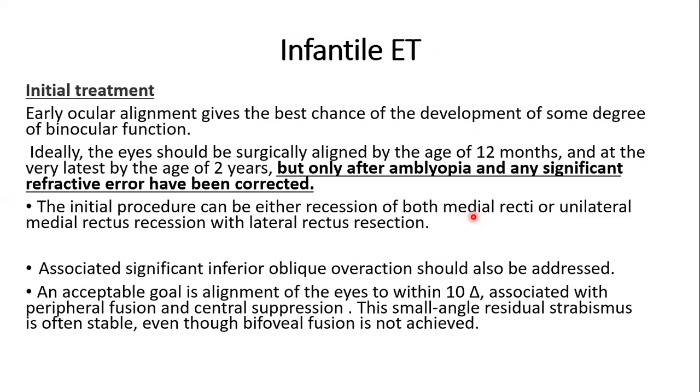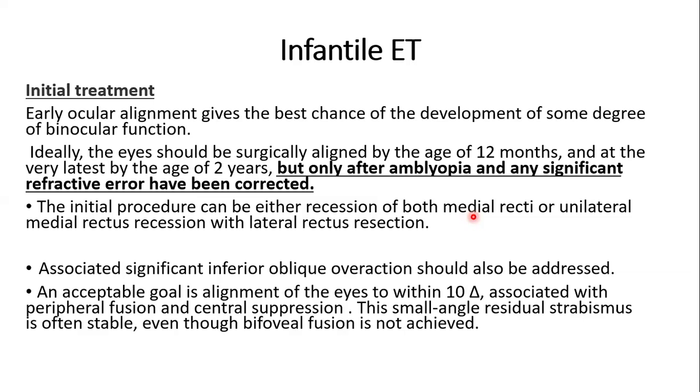So, what's the rationale for delaying surgery till 1 year? Firstly, to treat the amblyopia. Secondly, to have a stable deviation. Whenever the child is very small, you will not be able to have proper measurement of the deviation. But usually when the child is 1 year and 1 month, 2 months, you can put the prism and do the alternate prism cover test.